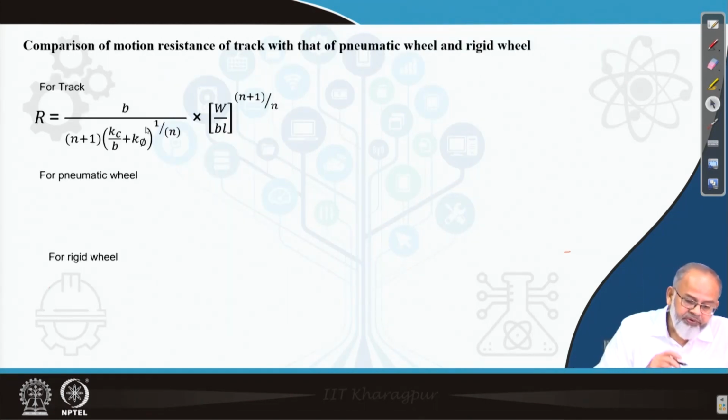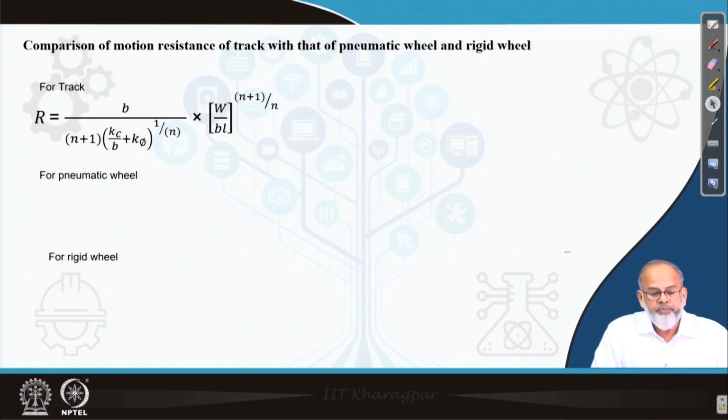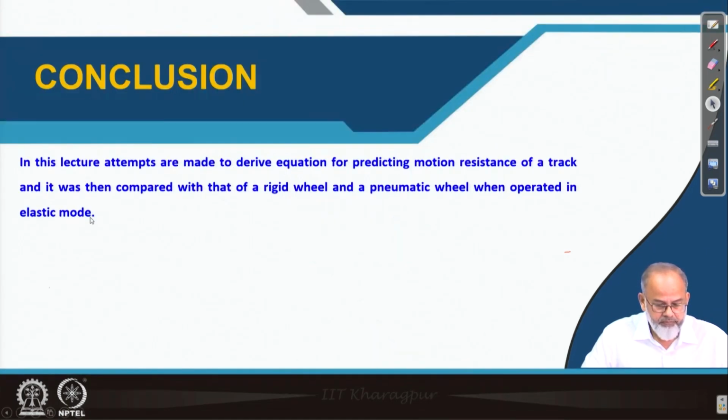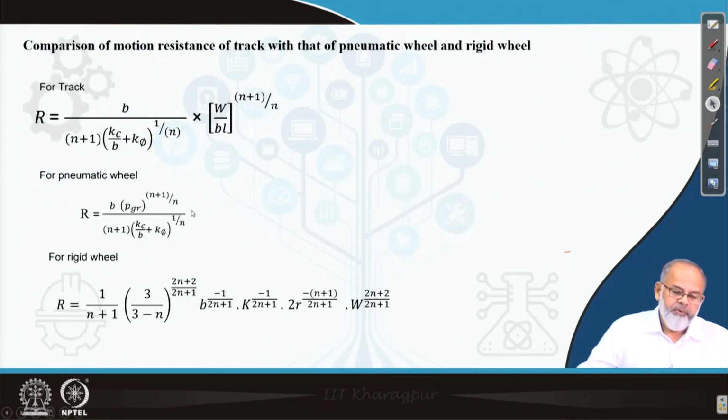So this is the expression for track. R is equal to B upon n plus 1 into Kc by B plus Kφ raised to the power 1 upon n into W by BL raised to the power n plus 1 by n. Now for a pneumatic wheel, R is equal to B into P, ground pressure, raised to the power n plus 1 by n divided by n plus 1 into Kc by B plus Kφ raised to the power 1 upon n.